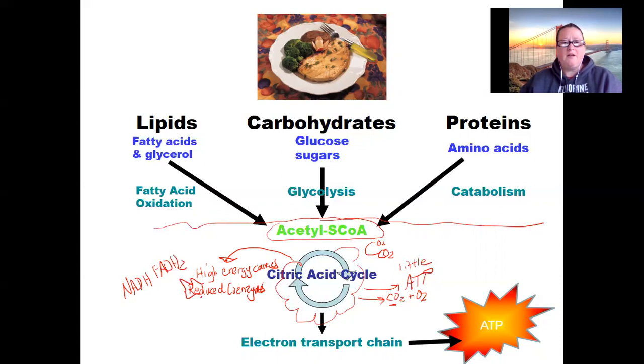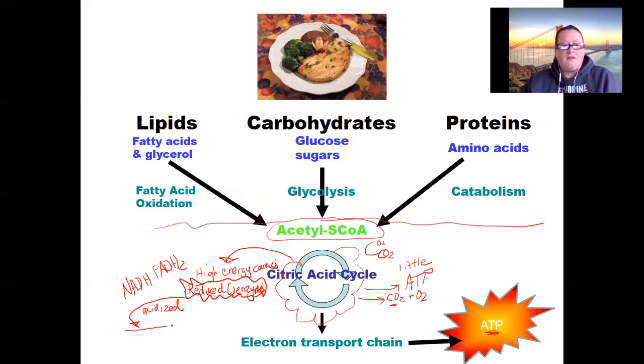All right, so these reduced coenzymes become oxidized and the initiation of our 4th stage, which is ATP production, gets started through the electron transport chain.